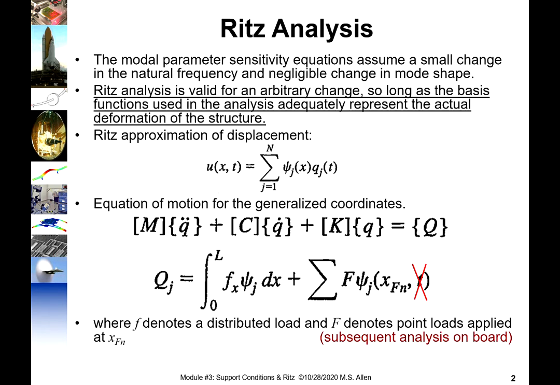So from your reading in the book, you should have hopefully captured this key idea of the Ritz series, which is captured right here, which is that we're going to approximate U, which is infinite dimensional in both space and time.